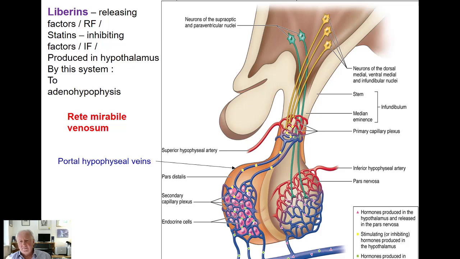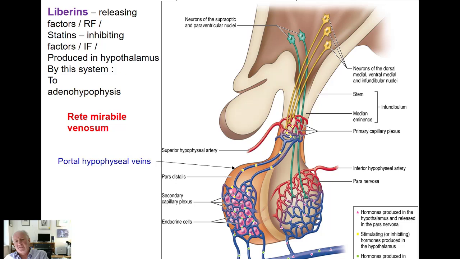And the last very important thing is the portal system in the hypophysis. You know about, I hope, a portal system in the digestive system, that we have the portal vein coming to the liver. So another portal system, this time, is in the hypophysis.